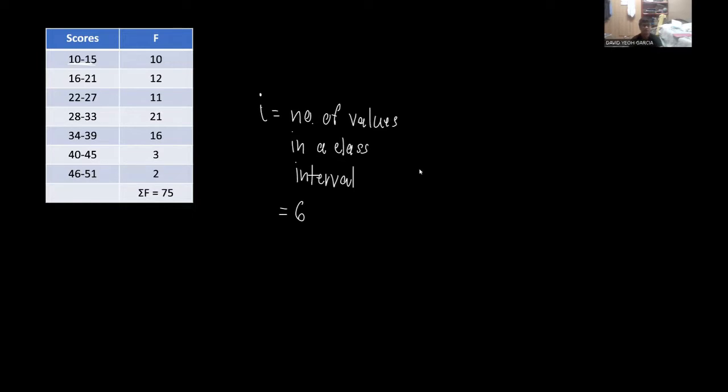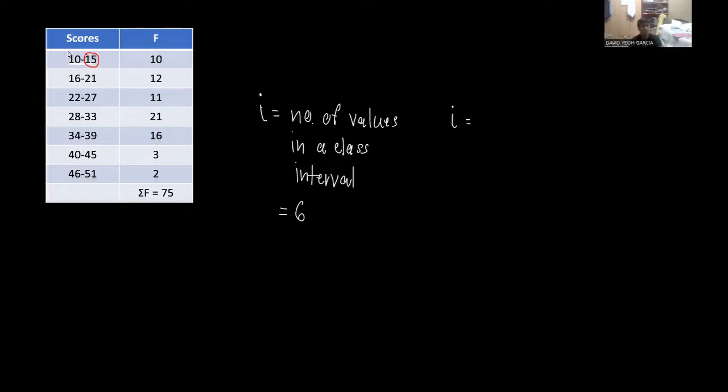The second method is by using upper class limits. First and foremost, what is an upper class limit? The upper class limit is the value that is present as the last value in a certain interval.